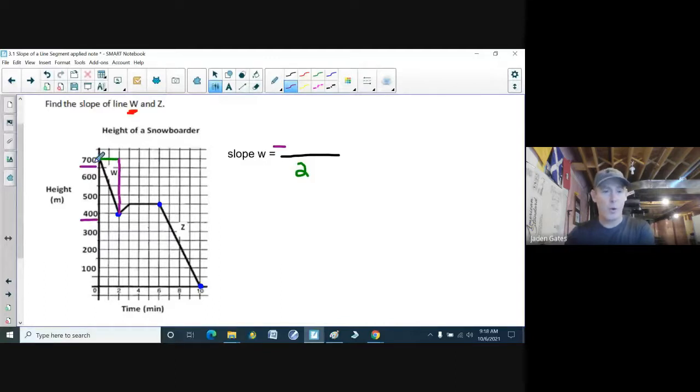They're worth quite a bit more. And so this drop, the difference between 700 and 400, if I subtract those two, I get 300. And so this snowboarder is going down 300. So you've got to watch out for the units on your axes. Now, if I take negative 300 and I divide it by 2, the slope is negative 150.